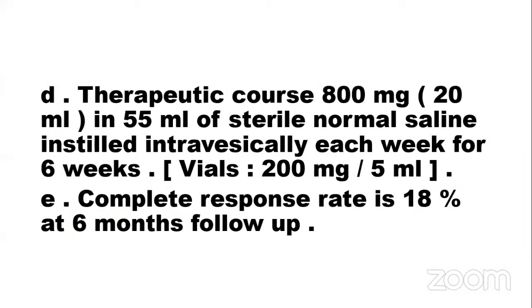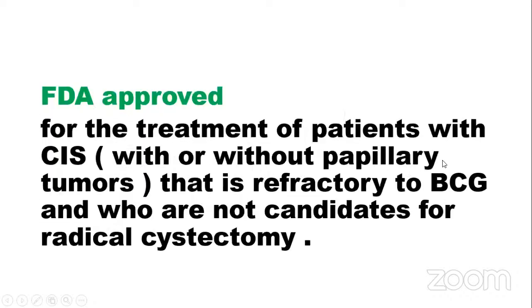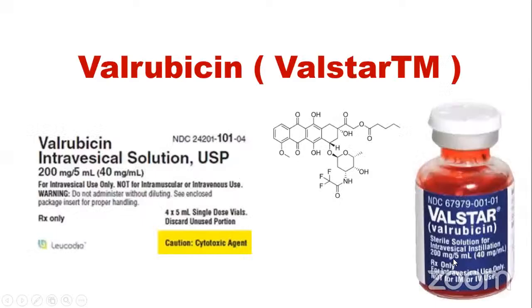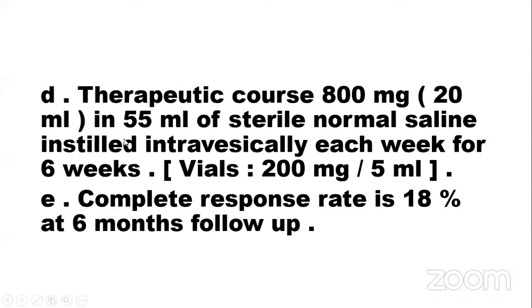The valrubicin therapeutic dose is 800 milligram in 55 ml of sterile normal saline, instilled intravesically each week for 6 weeks. The vial dose is 200, so you use 4 of them with 55 ml of sterile normal saline.